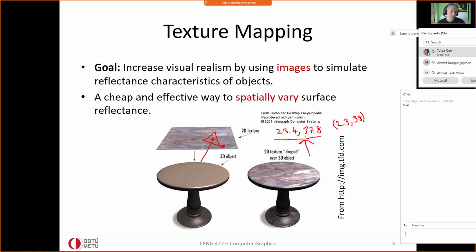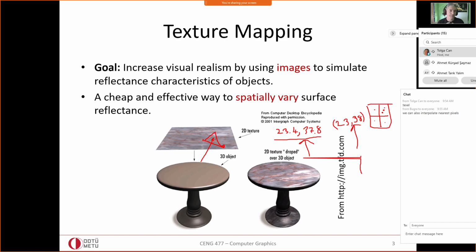Another thing we may do is, why limit ourselves to just one texel? If this is where our interpolated texture point falls, using the nearest one is one option, but actually what we can do is find the four neighbor pixels and average the texture values or the color values around it.